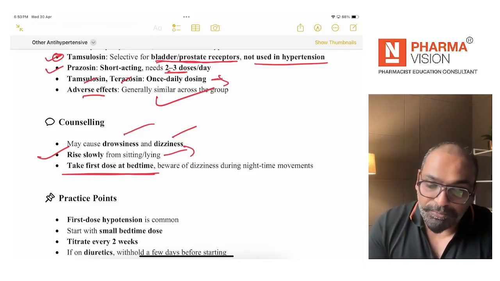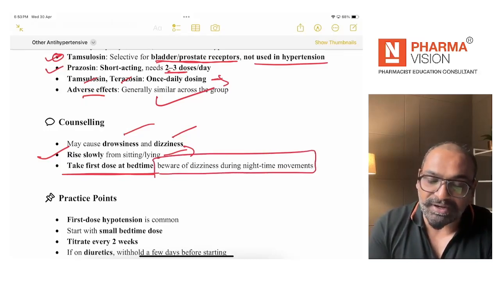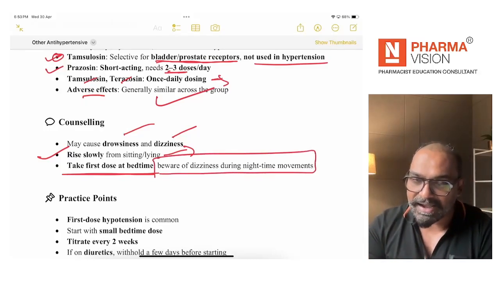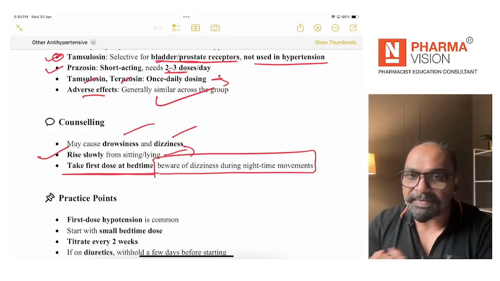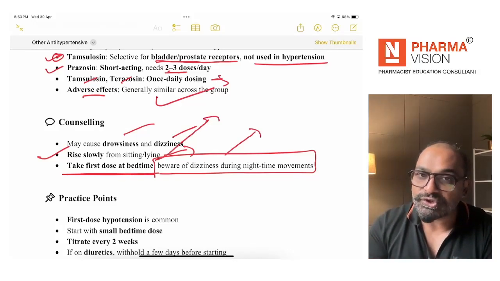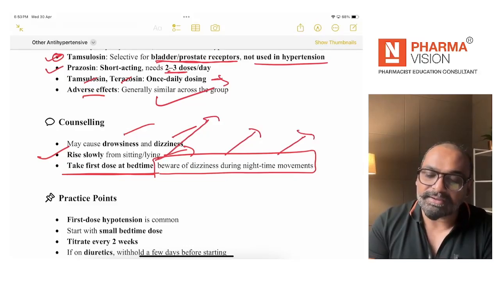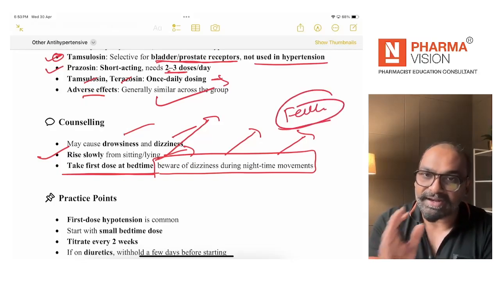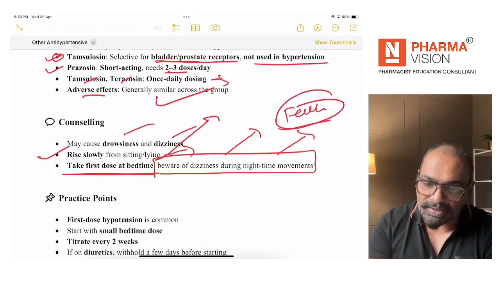But the most important thing is if the patient needs to get up at night, there are multiple factors. One is changing position, second is lighting, and third is stability. That increases the risk of falls. So we have to build awareness among patients taking this medication at night.